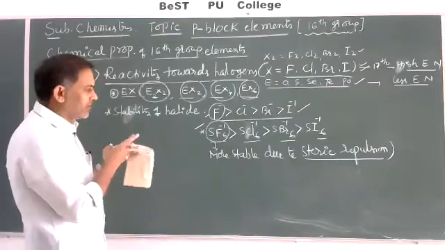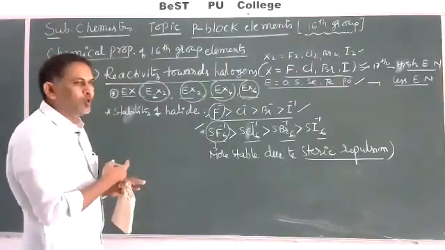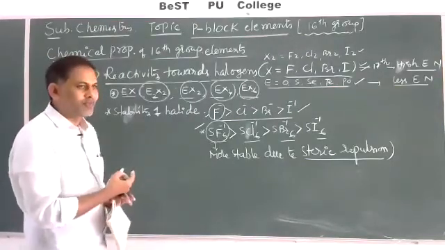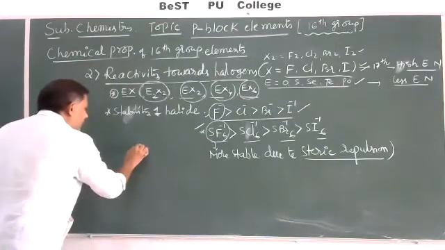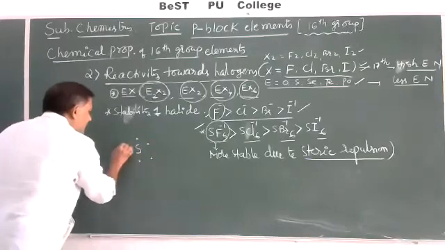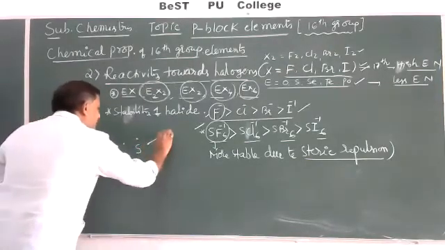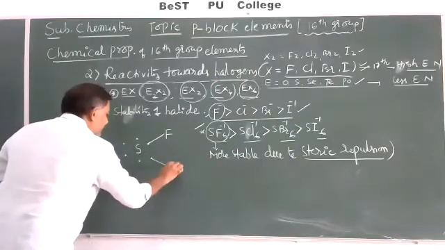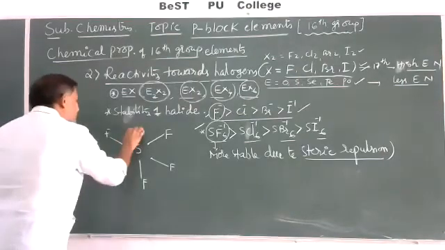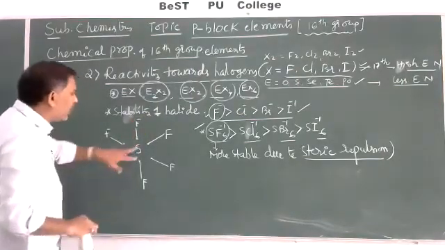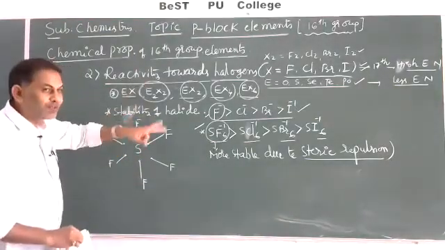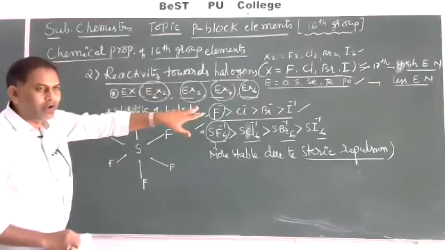Now in first PUC chemical bonding I explained to you, it does not obey the octet electronic configuration. More than 8 electrons are present around sulfur. Here sulfur has 6 valence electrons. In the excited state, 6 fluorine atoms are bonded. In its outermost orbit in the ground state, only two are unpaired and the remaining four are paired, but the electrons are excited from the lower energy level to the higher energy level.